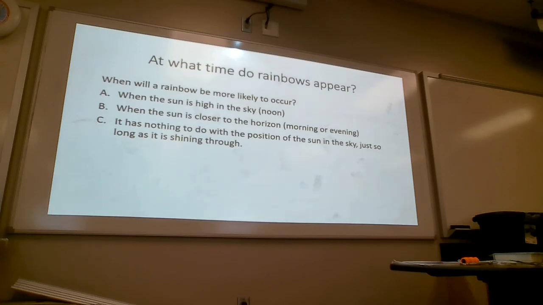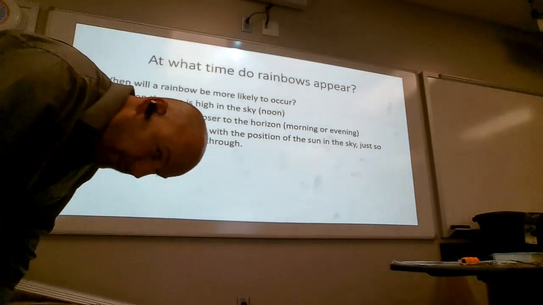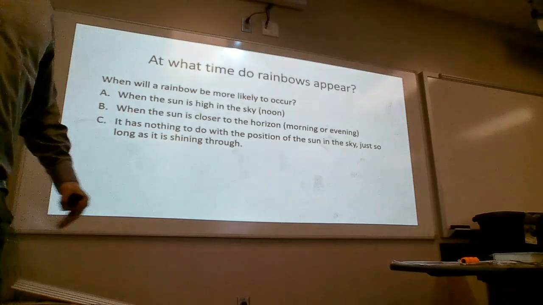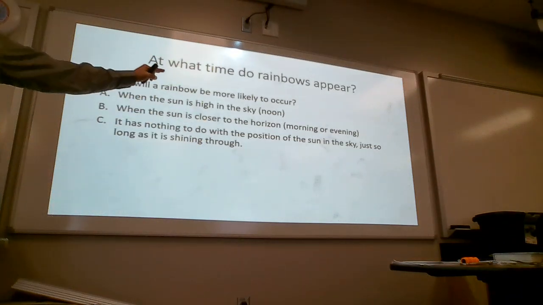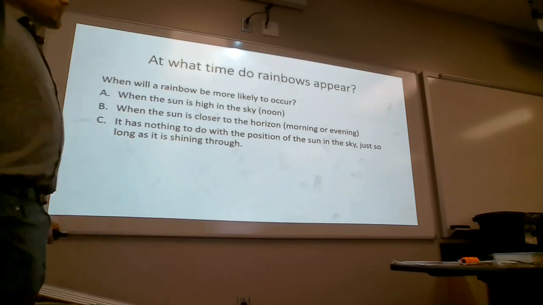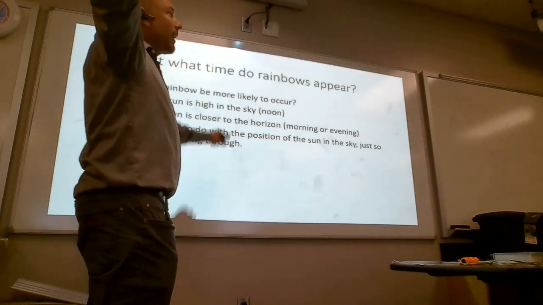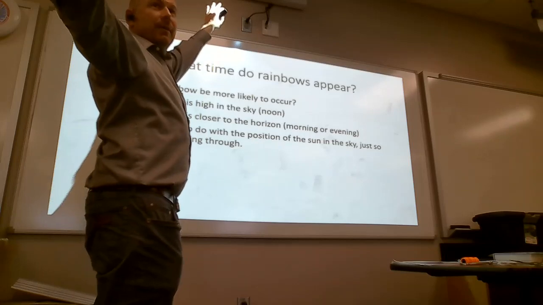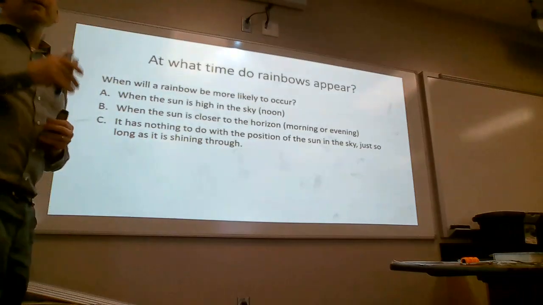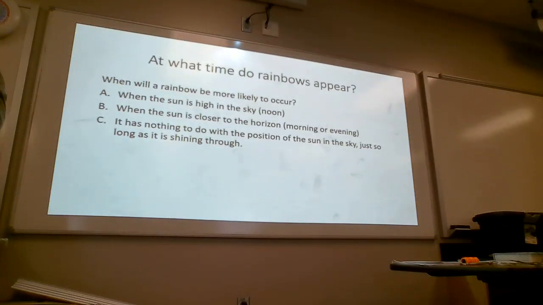Correct answer is B. If you put your back to the sun at high noon, that's like doing this. That makes sense? Okay, so it's going to happen when the sun's at the horizon. The lower the sun is to the horizon, the higher the rainbow is going to be in the sky. At noon you can get a rainbow, but it's not going to be from rain.